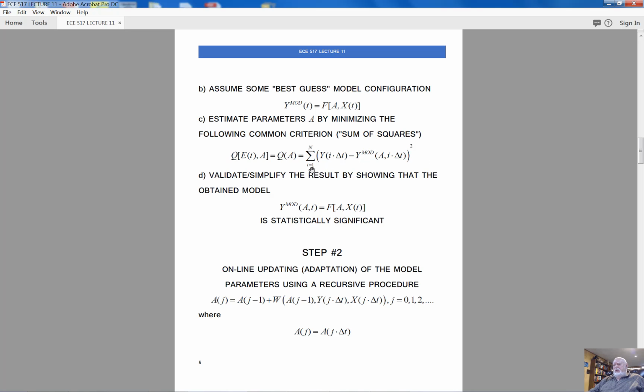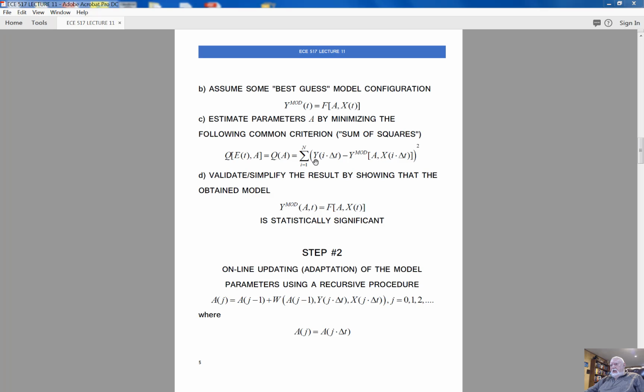Under the summation, first of all, we perform summation from i equal 1 till i equal to n, where n is a sufficiently large number. If n is a sufficiently large number, then criterion Q would practically depend only on the parameters of the model. Now take a look at the summation sign.